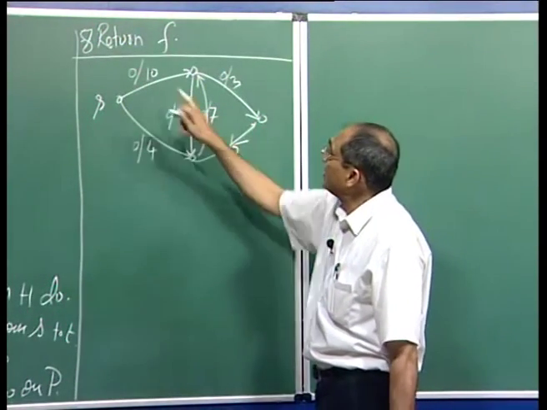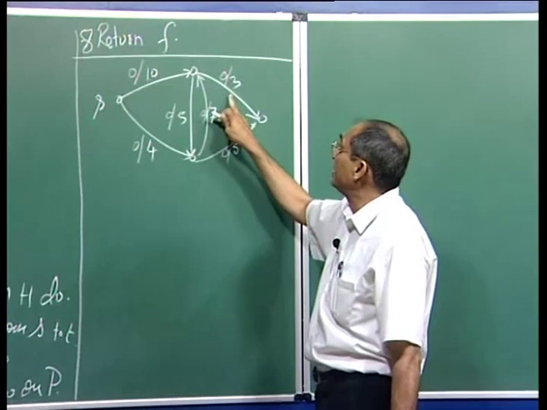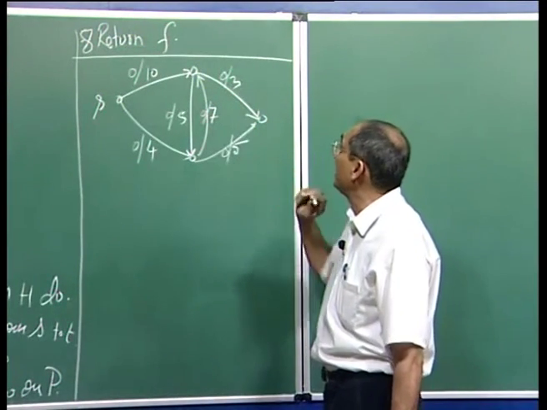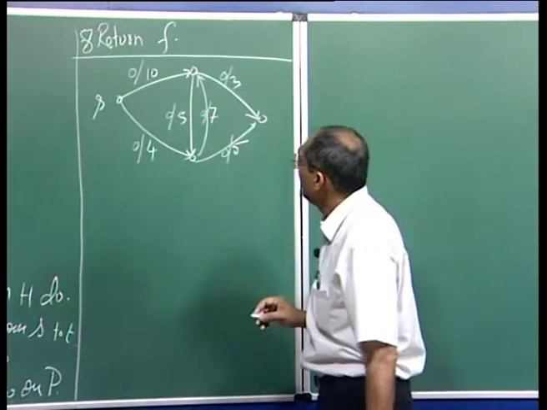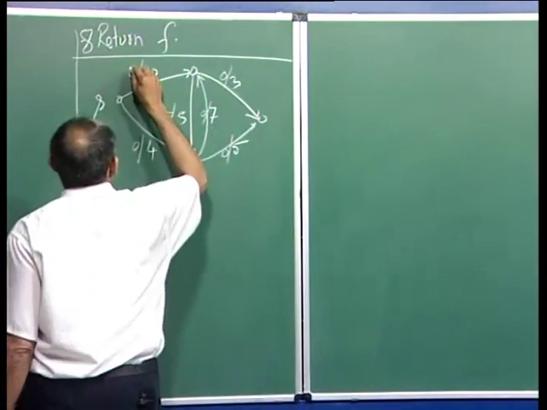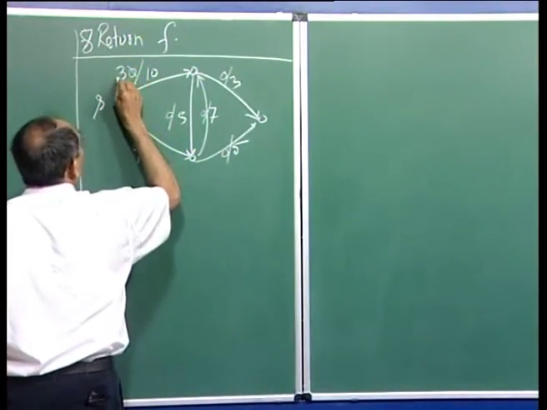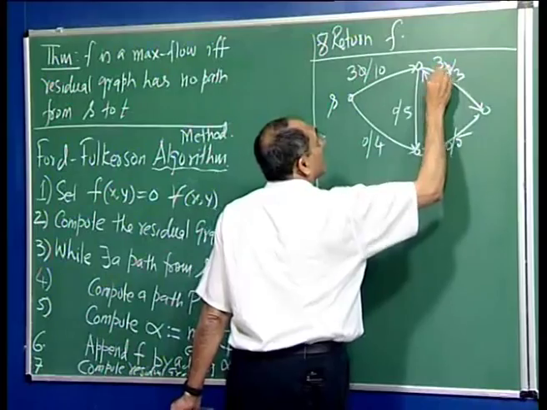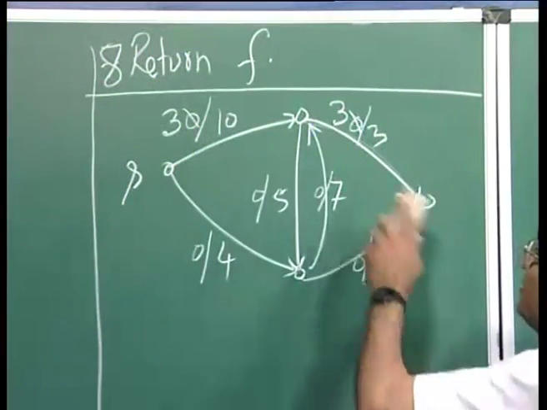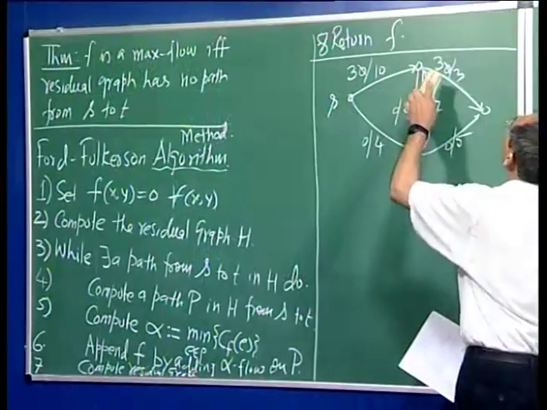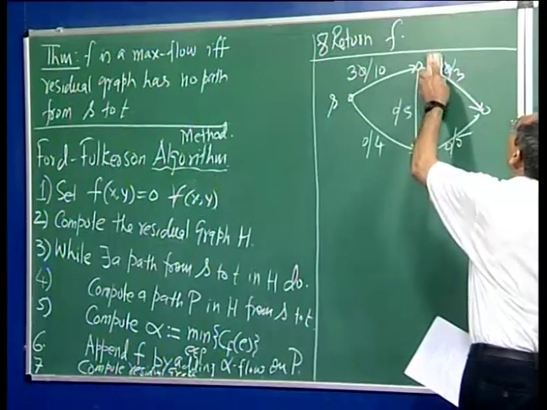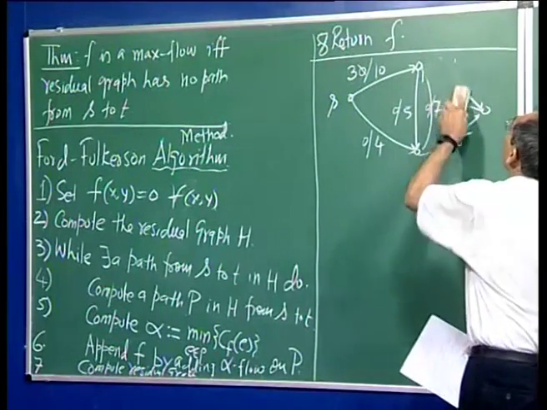The residual capacity here is 10, it is 3 here. So, the smallest number is 3, and I will augment that much flow. So, I will make this 3 and this 3. This is a saturated edge, so I am going to remove this edge.